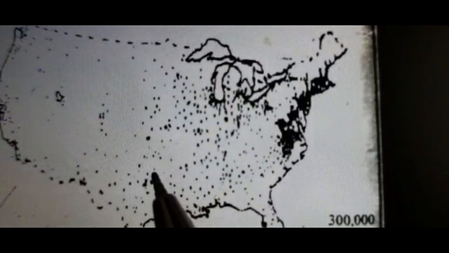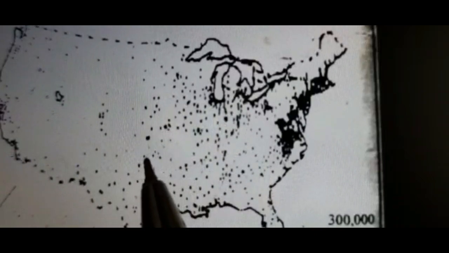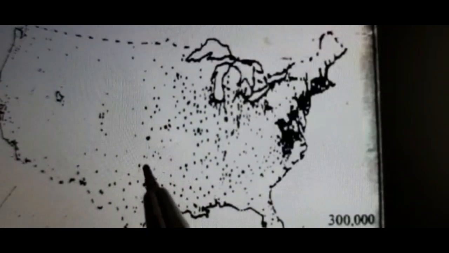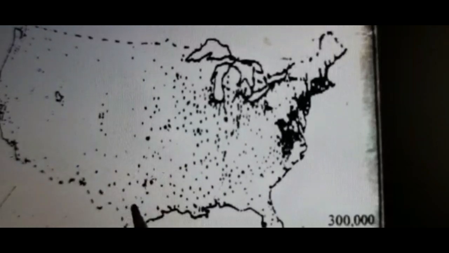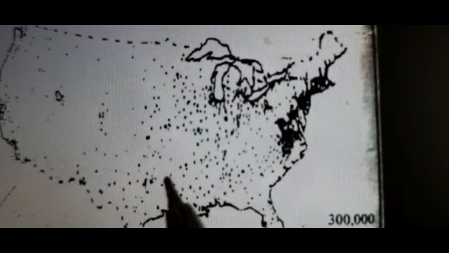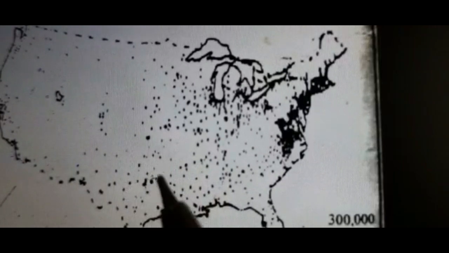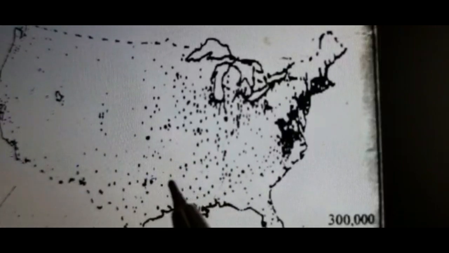Now when we talk about the population of any region, population growth is influenced in many different ways. There are different factors which influence the growth of population. Number one, we already know, is natural growth. Number two is migration. Number three is natural conditions.